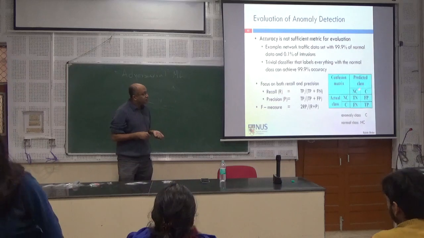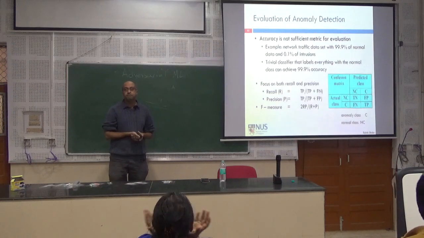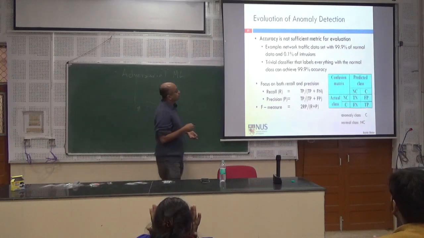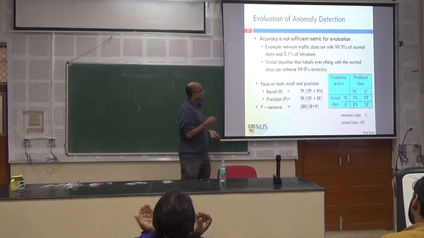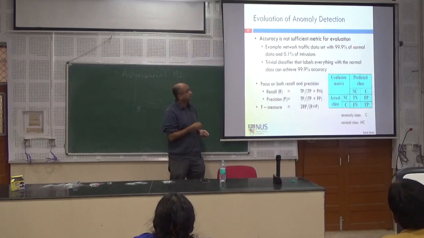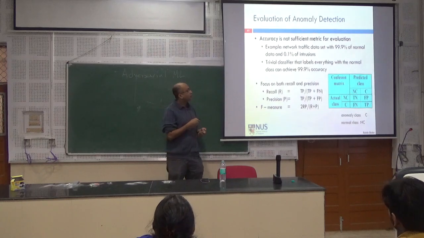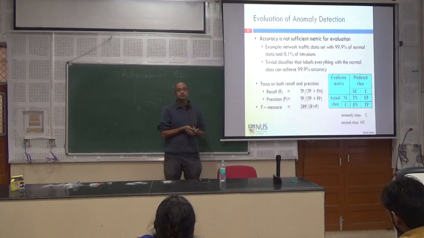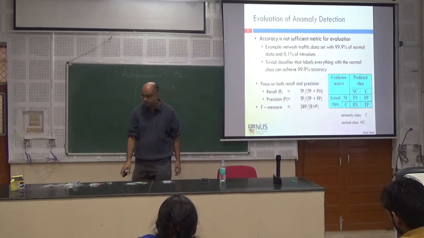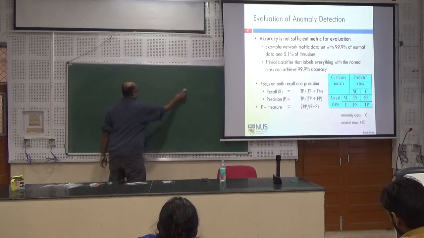But the thing is, if I just use accuracy, how many did you correctly classify? Let's say my anomalies are very, very rare. Right? Most of the time, everything is normal, and only 1 in 1,000 is abnormal. I have to classify it.